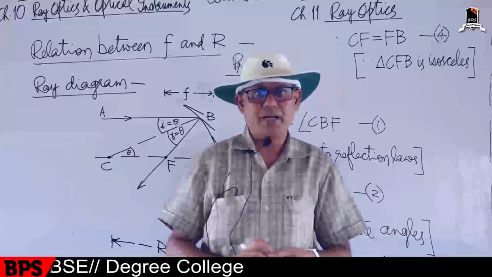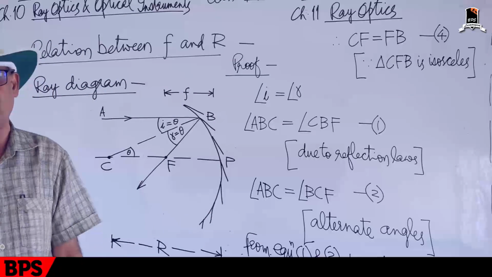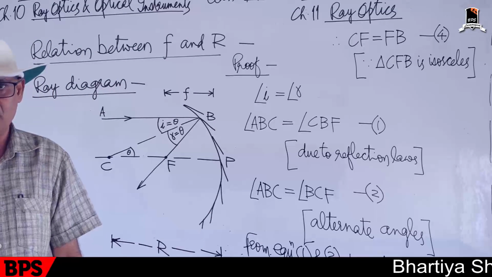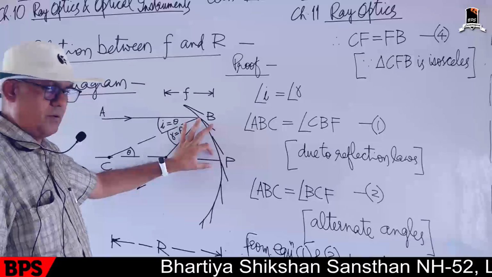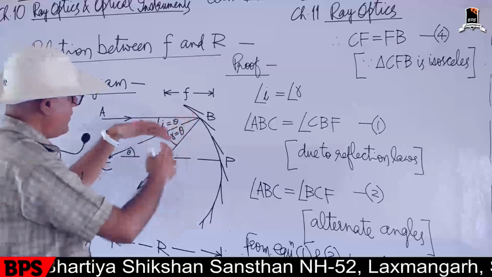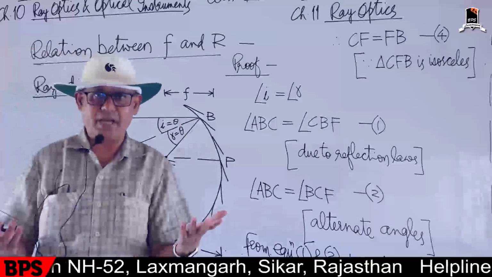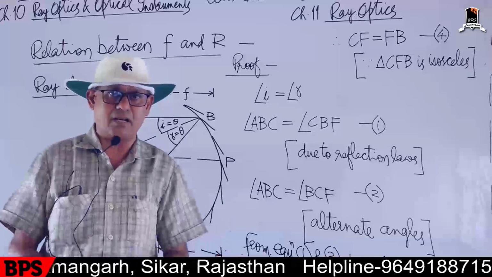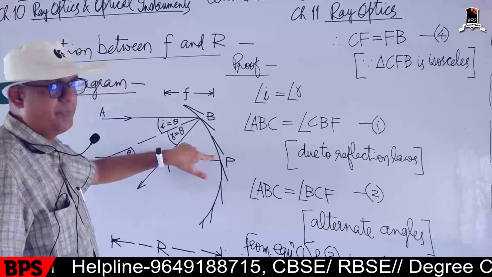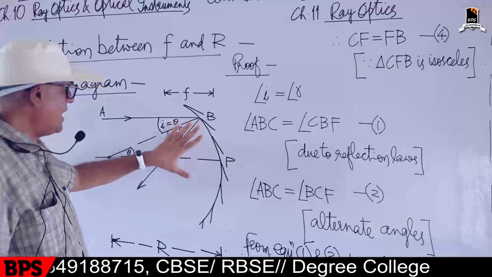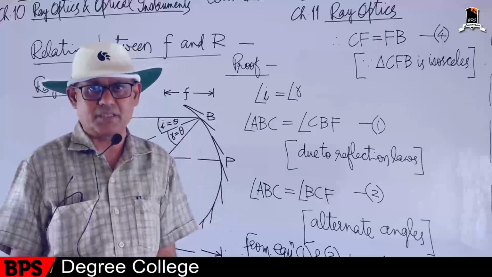Now, one particular thing always keep in mind: we are studying only paraxial rays. Paraxial rays are the rays which are near the pole. Even if we have exaggerated this ray diagram, this point B is very near to this point P. Equivalently, the aperture of the mirror is very small.